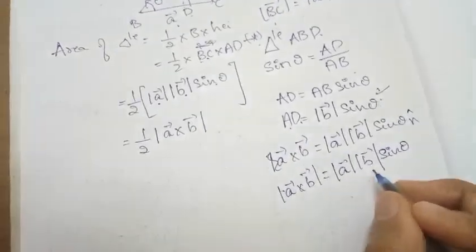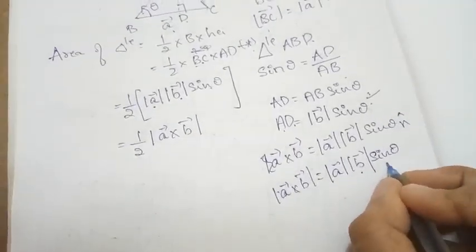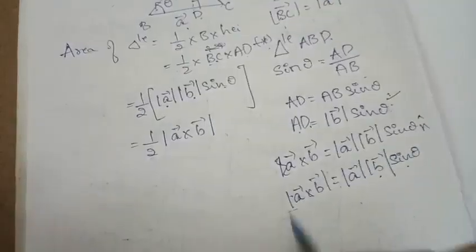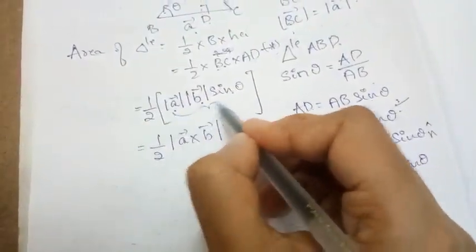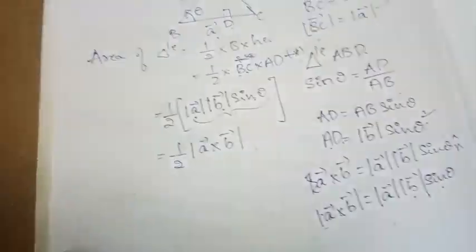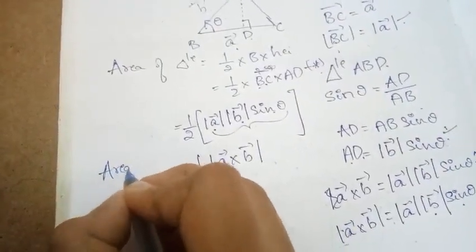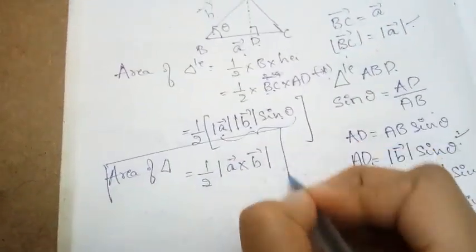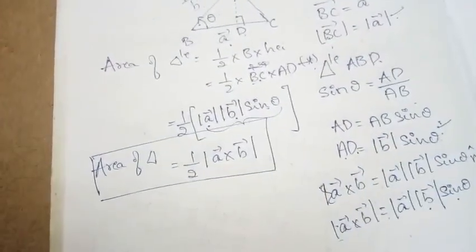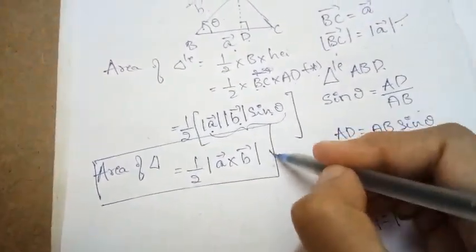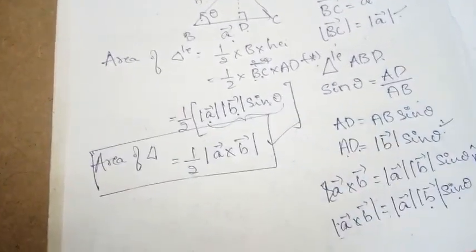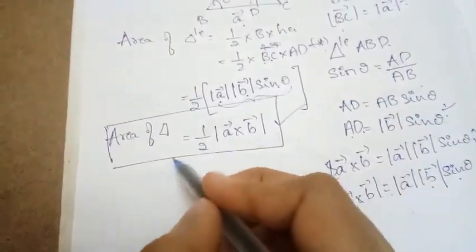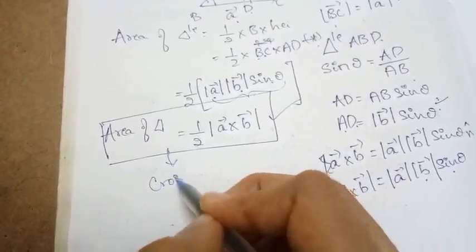So magnitude of vector A, magnitude of vector B into sin theta is equal to the magnitude of vector A cross B. So the area of a triangle is given by half into the magnitude of vector A cross B. This is the formula to find the area of a triangle with the help of the cross product.